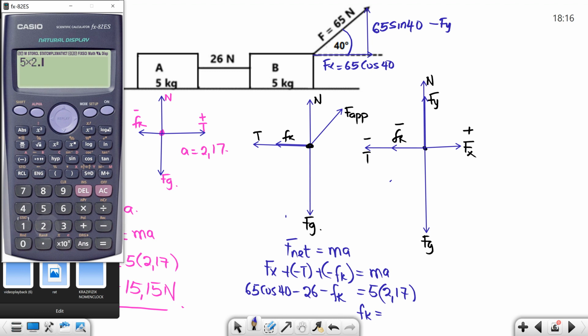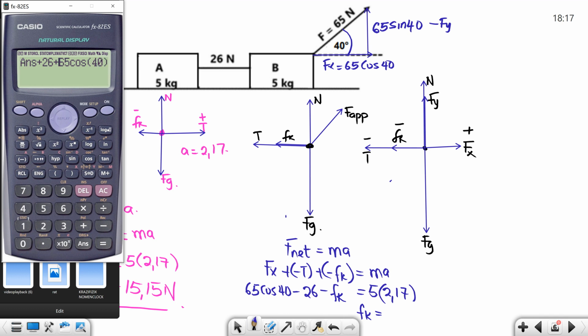5 times 2,17 equals to that, right? Now, minus 20. No, take the 26 over. It becomes what? Positive 26. Positive 65 cos 40. Close the bracket. What do we have? Did I do this right? Is it 86?